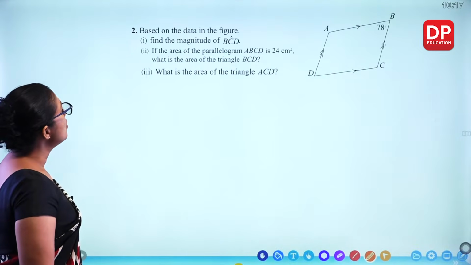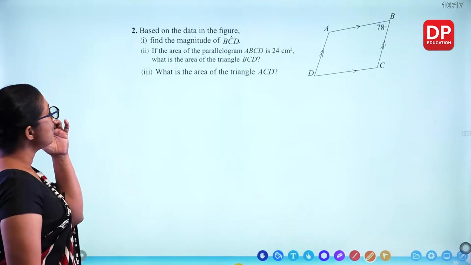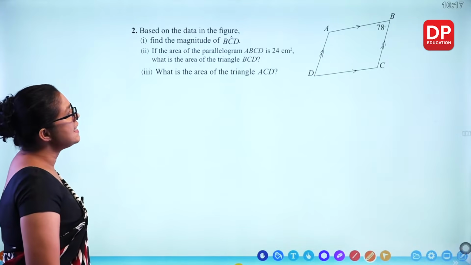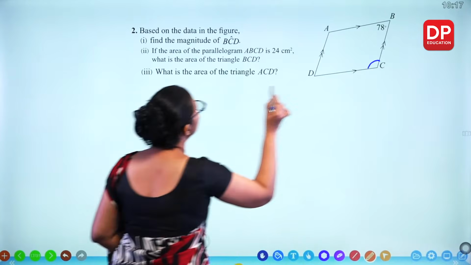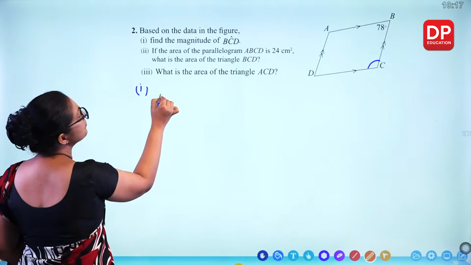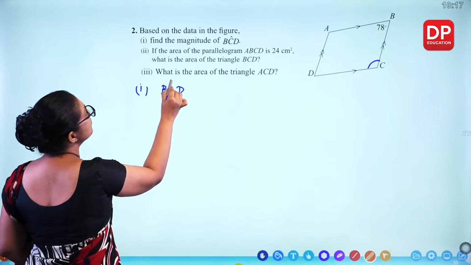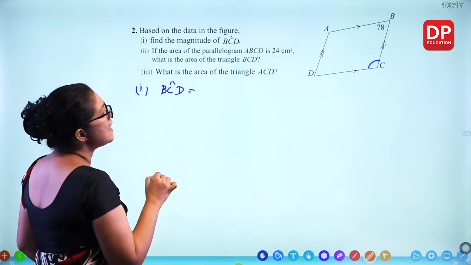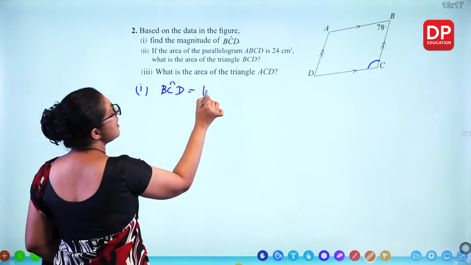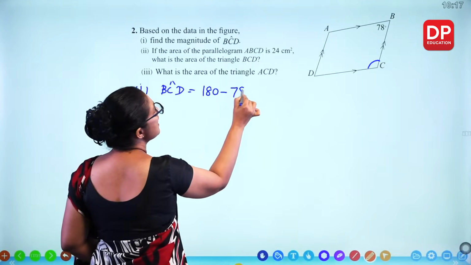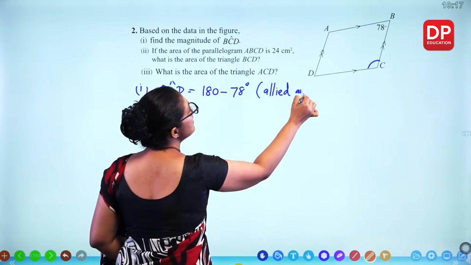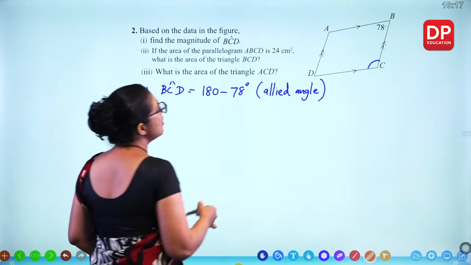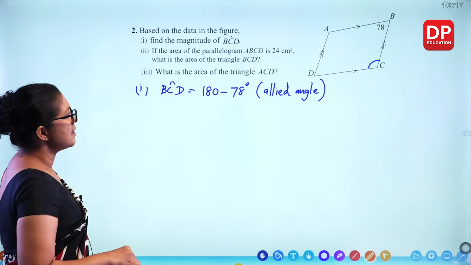Question number 2. Based on the data in the figure, find the magnitude of BCD. BCD is this one. So what's the magnitude? BCD is 180 minus 78 because allied angles add up to 180.